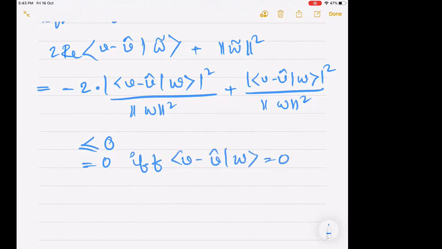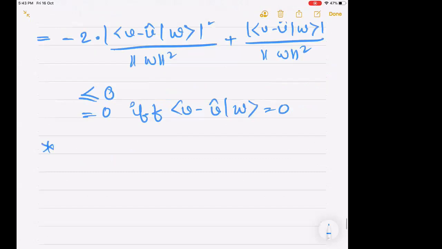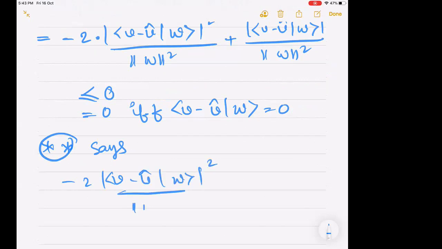But then double star says that this quantity is bigger than or equal to 0.